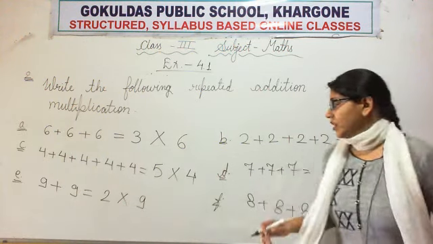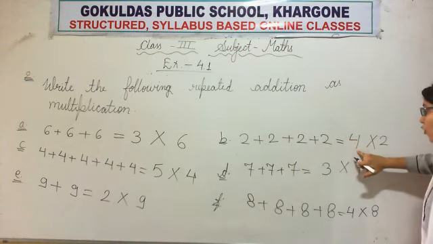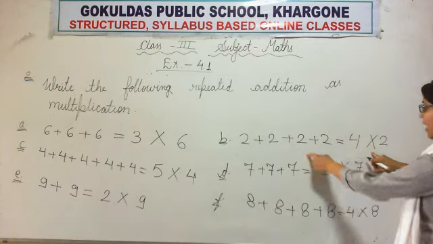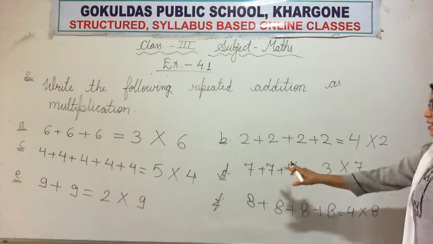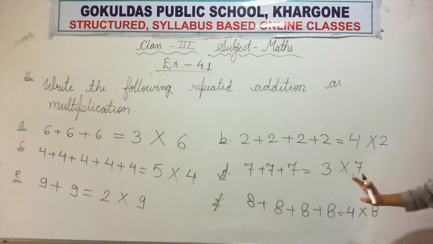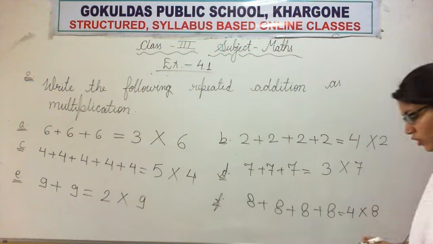Likewise these also. 1, 2, 3, 4. 4 times number 2. 1, 2, 3. 3 times. 3 times what? Number 7. So 3 into 7. Likewise 1, 2, 3, 4. 4 times number 8. See how simple it is. So all of you note down the question.